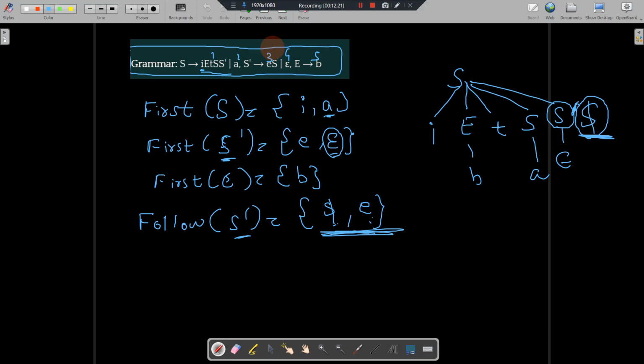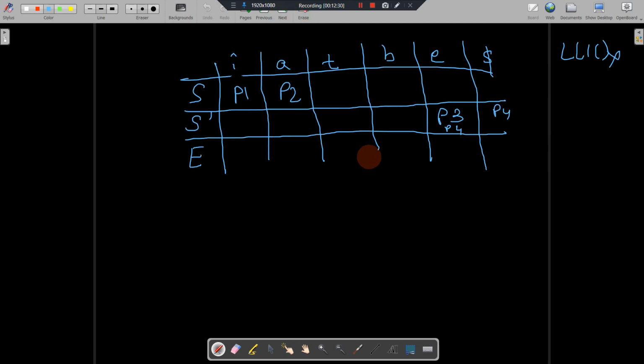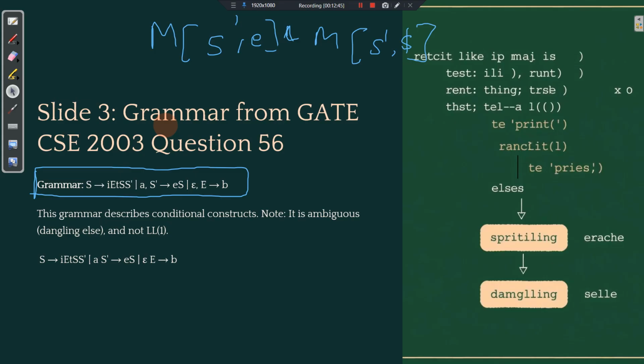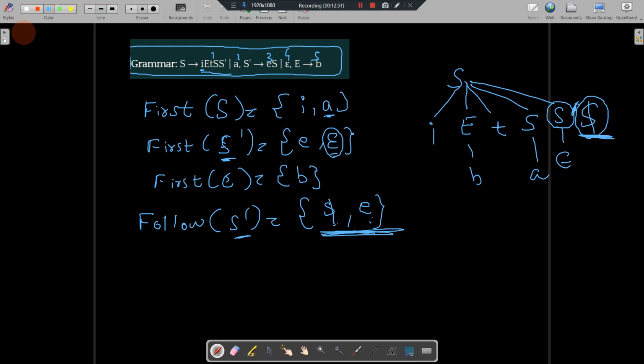Okay, so next, first of E is B. So using production rule number 5 under E, B, we put rule number 5. Okay, so this is our parse table. And the GATE question was asking us about what is the entry of the parse table for S dash, E and S dash, dollar, right? So here are the entries.